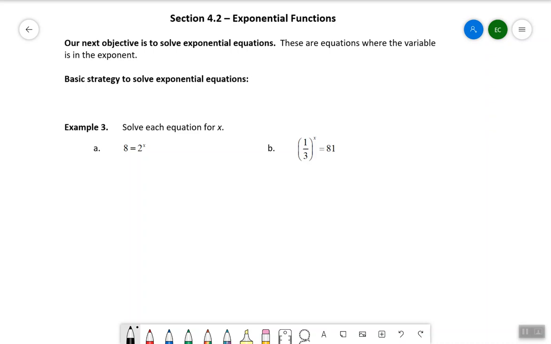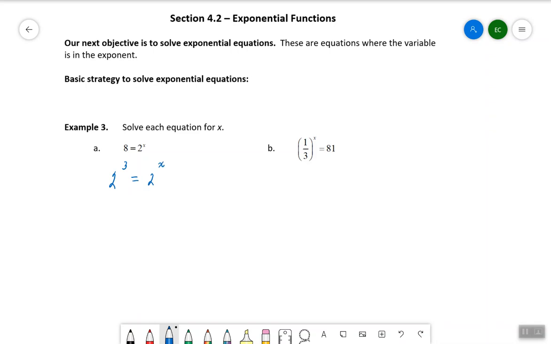So what I want to do is rewrite the two sides of the equation so that they have the same base. And so if I have a base of 2 already on the right side, I would like to rewrite 8 on the left side using a base of 2. So again, I'm asking the question, okay, 8 is 2 to what power? And so I can say that's 2 to the third power.